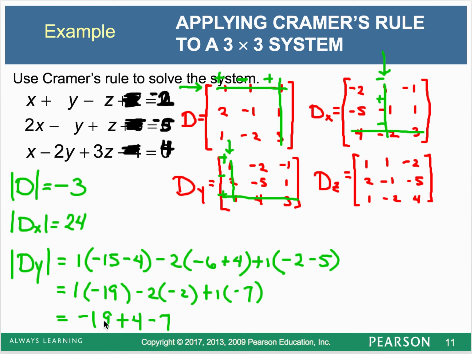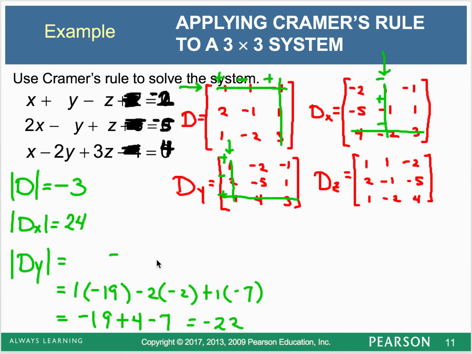All right, so negative 19 plus 4 is negative 15, minus 7 is negative 22. All right, so I'm going to erase that again. If you need to pause it to check it, or to study it, do so.